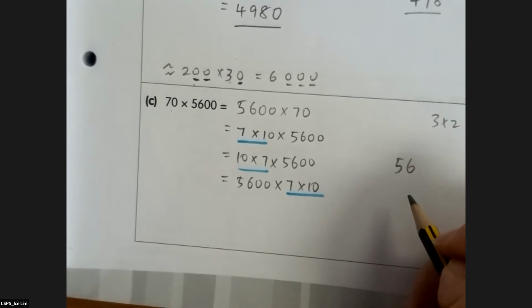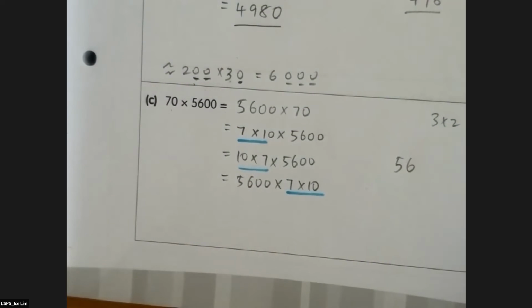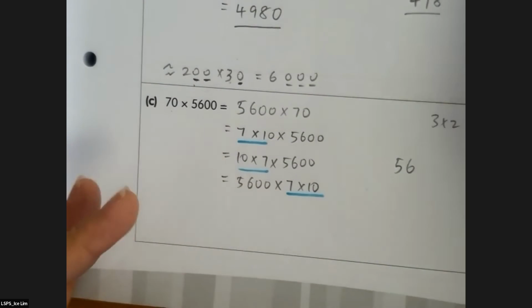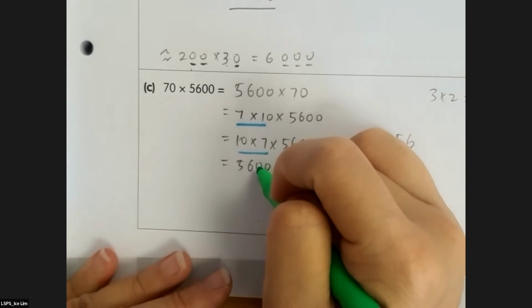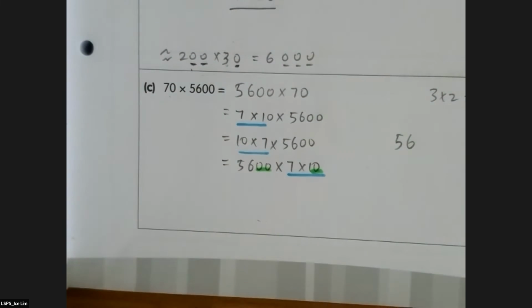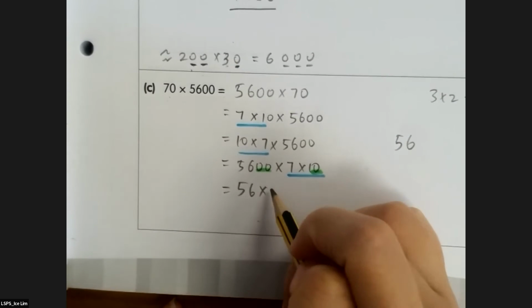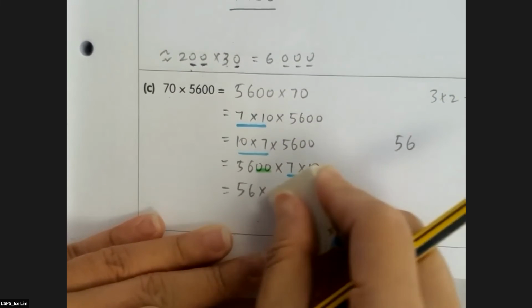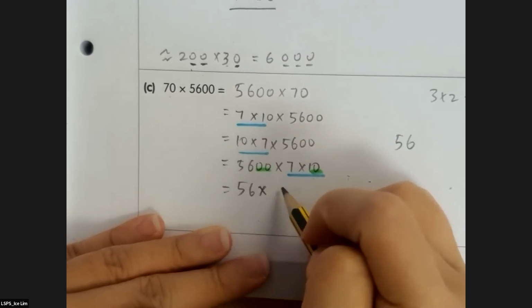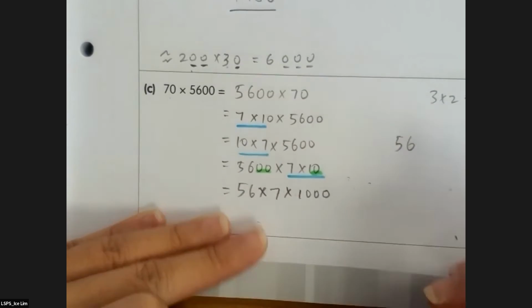I can ignore the zeros. So I can highlight. So shortcut, shortcut. Shortcut is like saying it is also equal to 56 times 700. Oh, sorry. 56 times 7 times 100 times another 10.